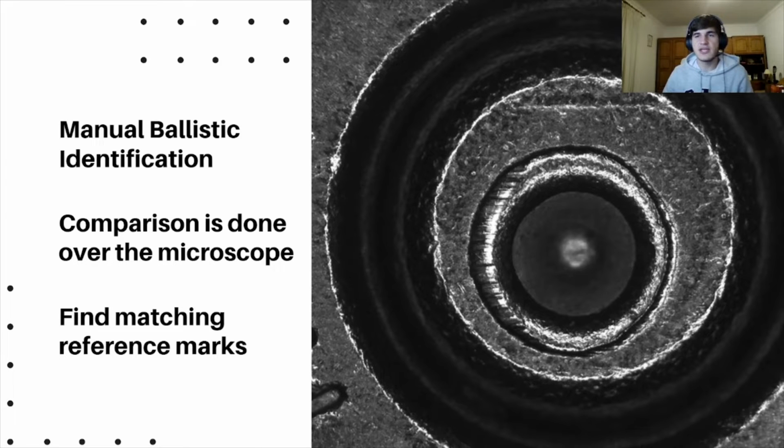Here we can see the image of the base of a casing under the microscope, which is currently how the identification of a gun model is made over at the Portuguese police.